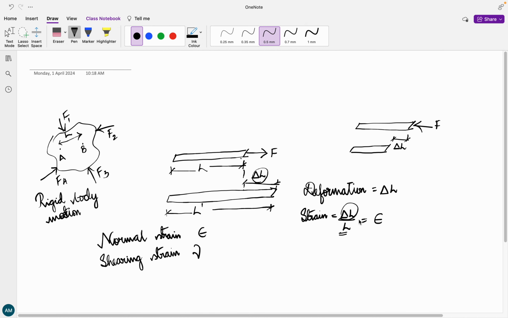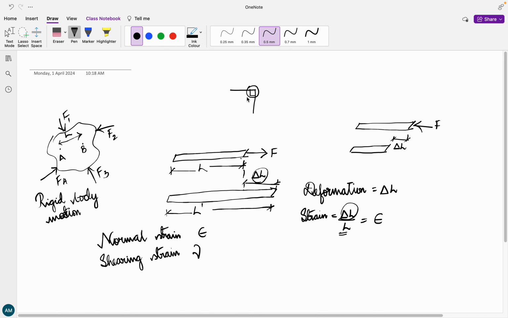The shearing strain is the change in angle between two initially perpendicular line segments. Say we speak of shear with respect to two edges, which are initially perpendicular.